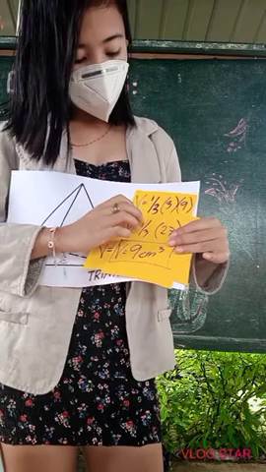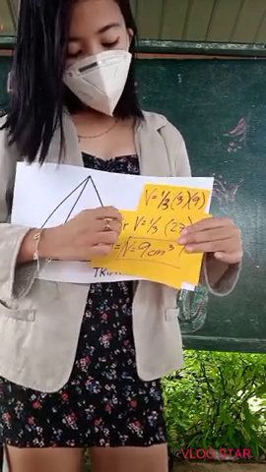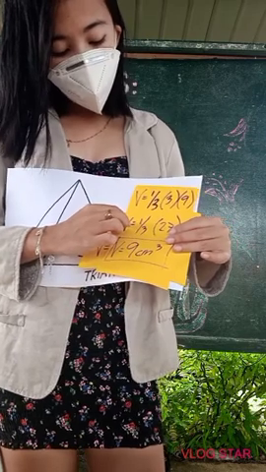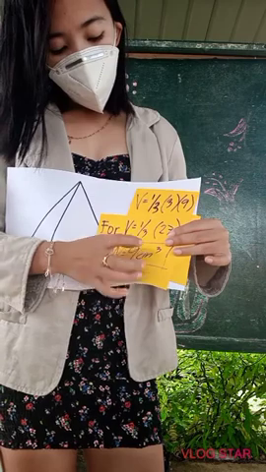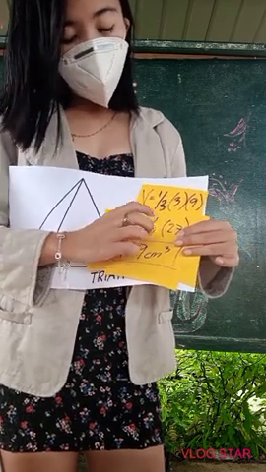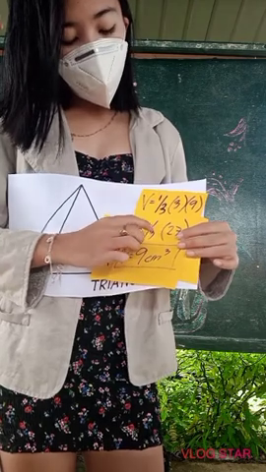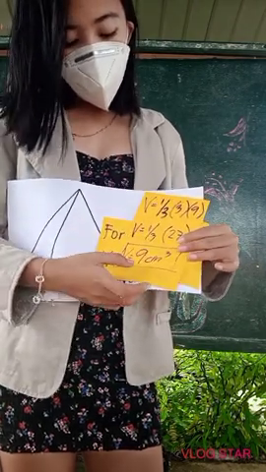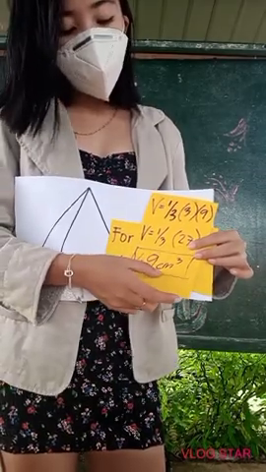So V is equal to 1/3 times 3 times 9. V is 1/3 of 27. If we go like this, we use division. 27 divided by 3 is equal to 9. So V is equal to 9 centimeter cube.